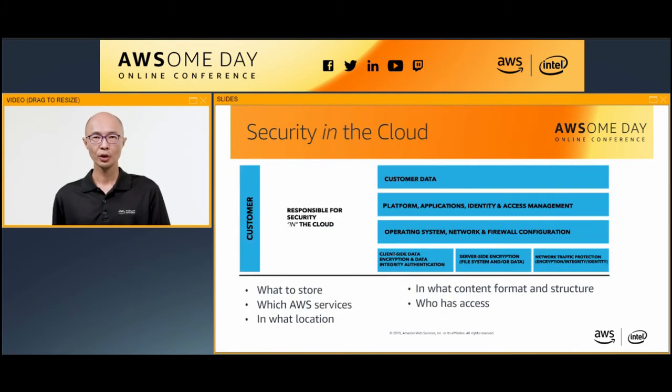While the cloud infrastructure is secured and maintained by AWS, customers are responsible for security of everything they put in the cloud. When using AWS services, customers maintain complete control over their content and are responsible for managing critical content security requirements, including what content they choose to store on AWS, which AWS services are used with the content, in what country that content is stored, the format and structure of that content, and whether it is masked, anonymized, or encrypted.